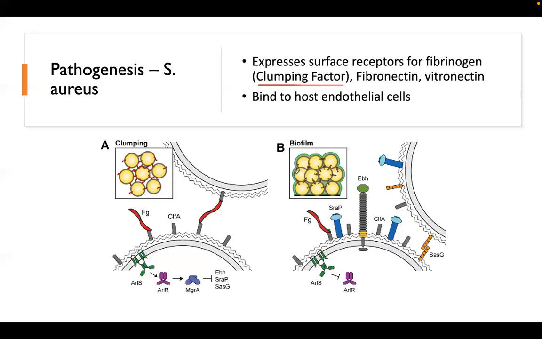So to continue, this is part of the pathogenesis for Staph aureus. There's expression of certain proteins as surface receptors for, number one, fibrinogen, which we call the clumping factor. There are also surface receptors for fibronectin and vitronectin. Now, what is the significance of these surface receptors?